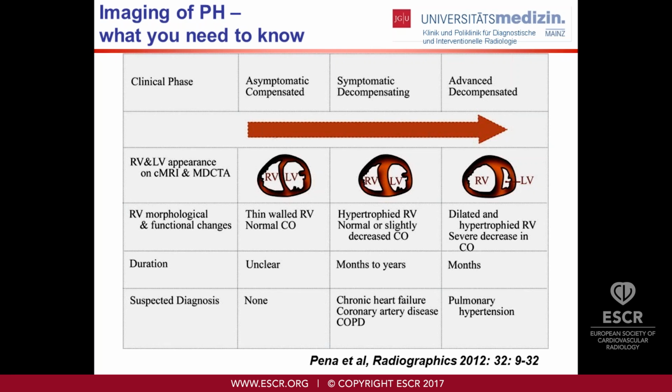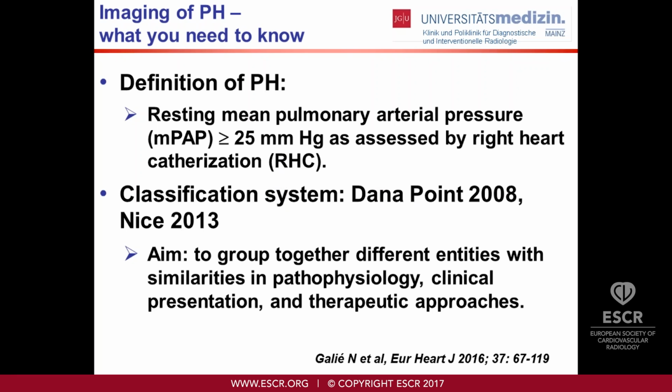If you look at this scheme and at the duration of these clinical phases, you can well imagine that it might take a very long time until the diagnosis of pulmonary hypertension is made. And this is true to this day, and against this background, I think imaging gets a really important position in detecting those patients suffering from the disease.